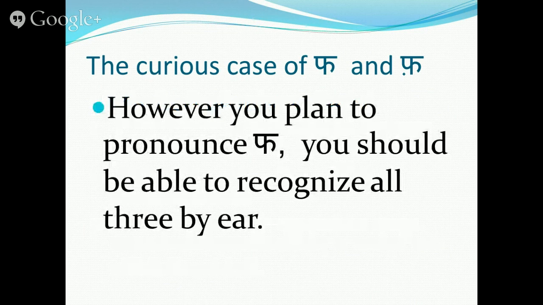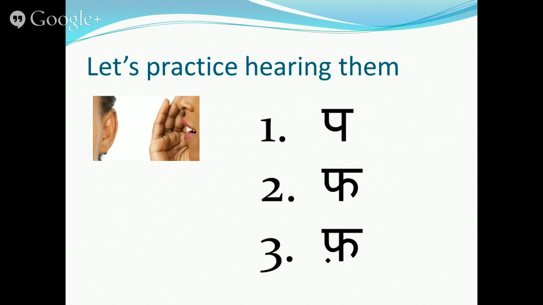So, however you plan to pronounce this character, you're going to pronounce it as pa, you're going to pronounce it as fa, or you're going to make the distinction between pa and fa. You should be able to recognize all three by ear. And in addition to this, number one, as you see on your screen, should never have air.